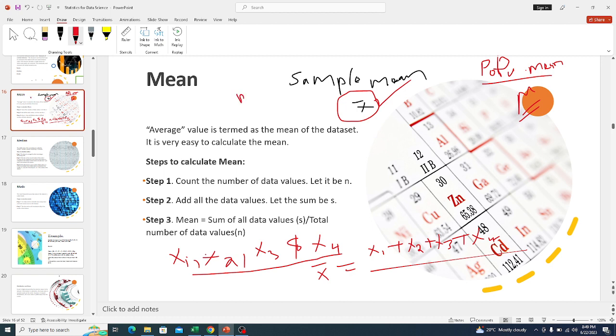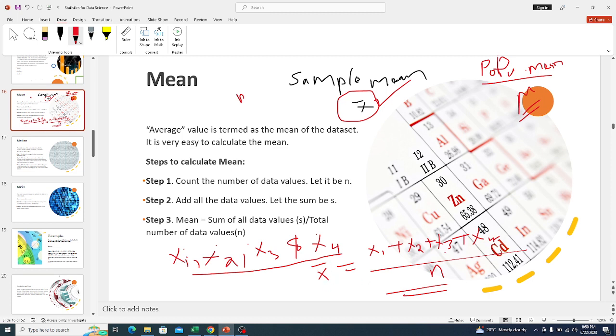The sample size for this data set is 1, 2, 3, 4. It is 4. So divide by 4. This is the formula for x bar, the sample mean.